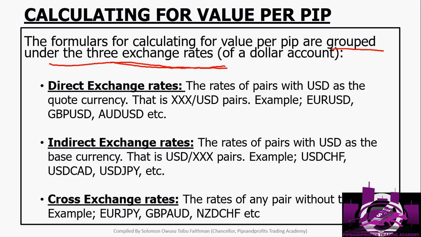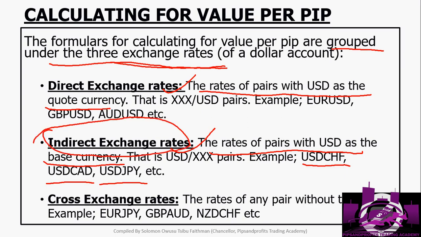So if it is a direct exchange rate, it is the rate of pairs with USD as the quote currency. And then we have our indirect rate. This is the rate of pairs with USD as the base currency. So for example, we have the USD CHF, USD CAD, USD JPY. They are all having indirect rate. That is if your deposit currency is in dollars.